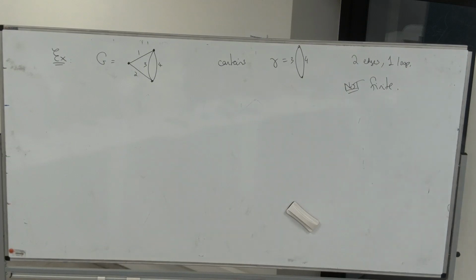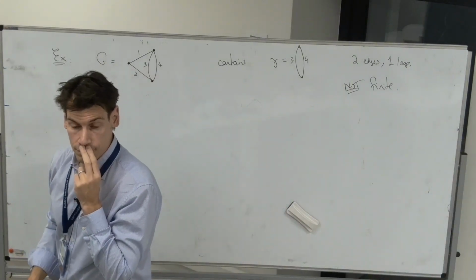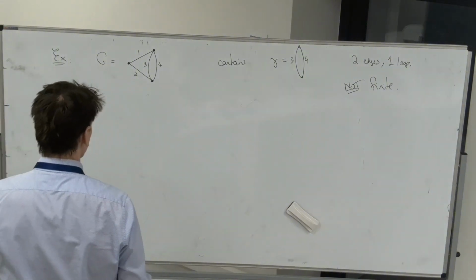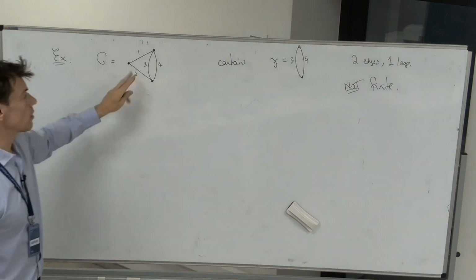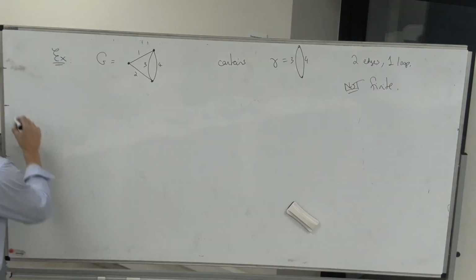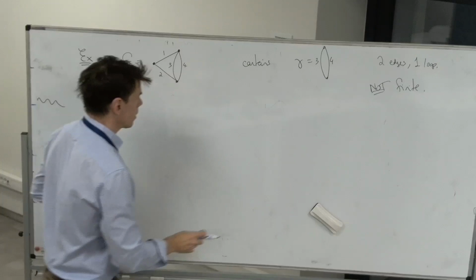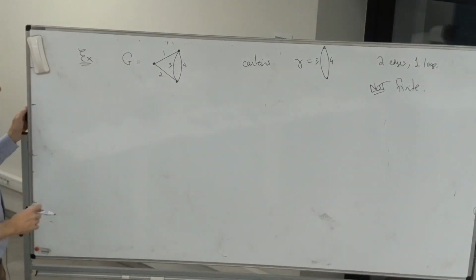It also has two types of vertices. Sorry? It has two types of vertices. You said that we only have one type of vertices. Oh, the degree can be anything. I said there's one type of edge. I meant there are no photon lines. But the degrees can be anything.